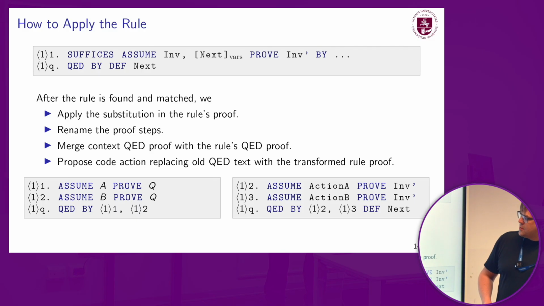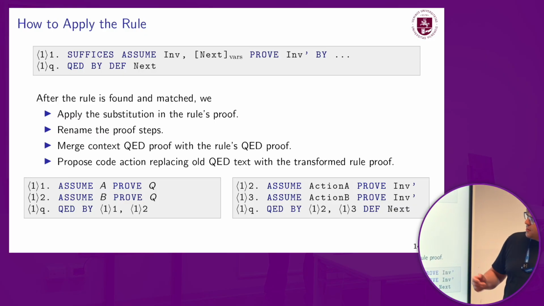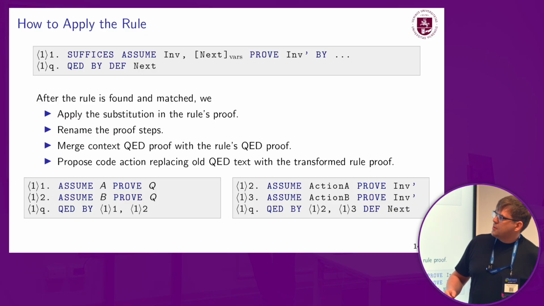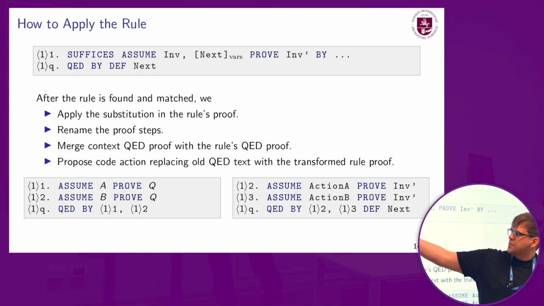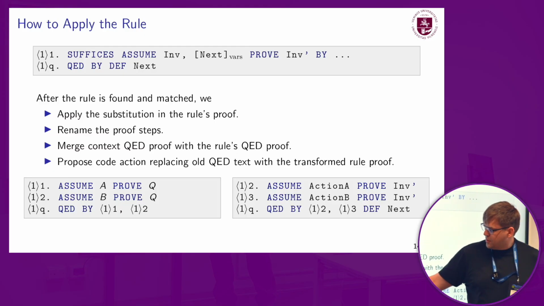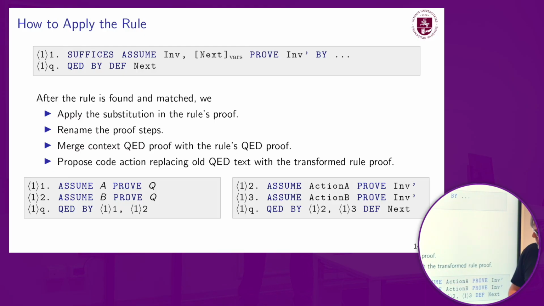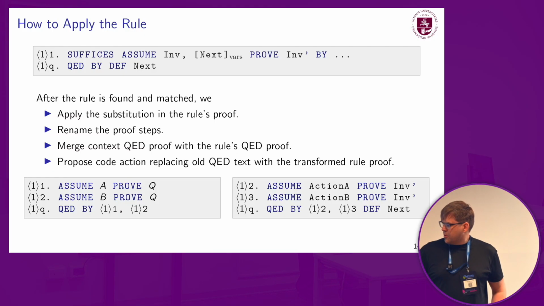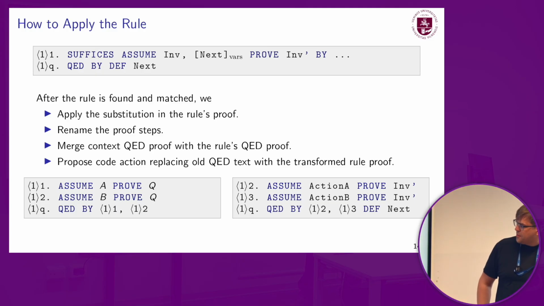And what's left for applying it? We have to merge the proof in the context. So in this case, that's by def next with the proof in the rule, which is by those two steps. In the end, we get the merged proof for the QED.